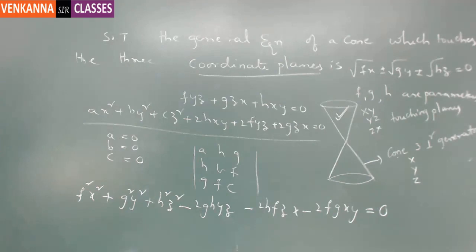Please check on this if you have a doubt. If the concept is clear for you, then I go with the simplification part: how to convert this form into the required equation model, root fx plus or minus root gy plus or minus root hz equal to 0. Okay.